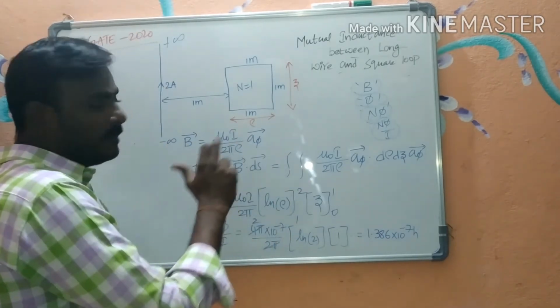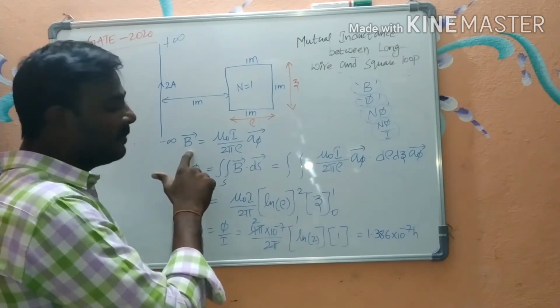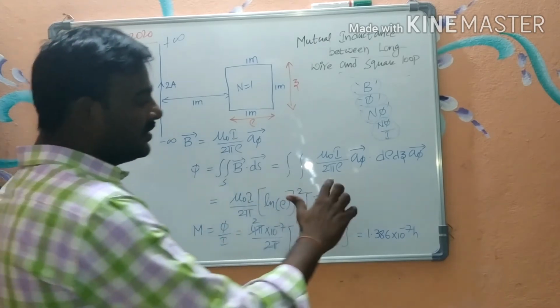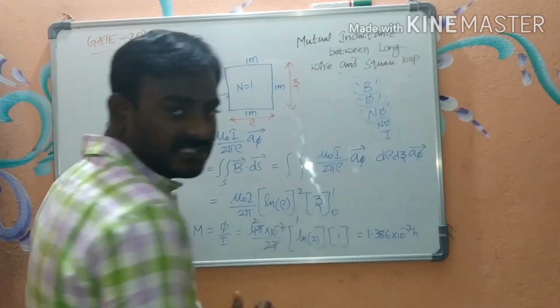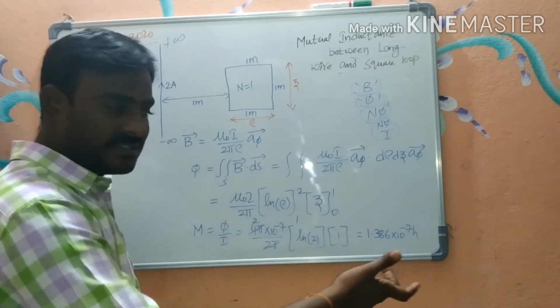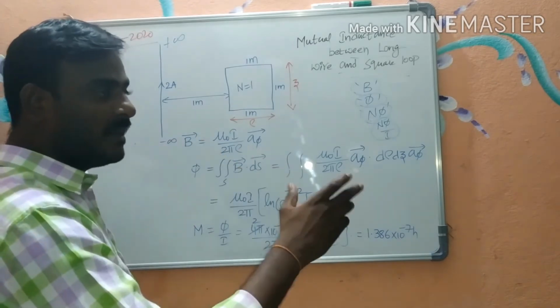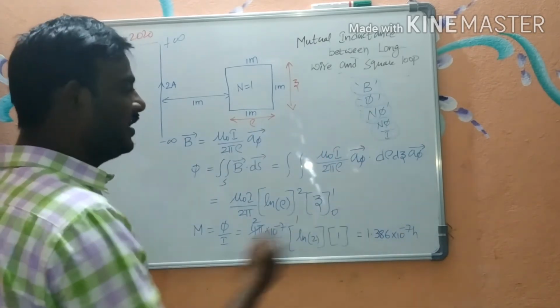As you know B, you can obtain the flux by taking the surface integral of B dot ds. As B is in the A phi direction, you need to consider a surface also in the phi direction, which must have two variations: the rho variation and the Z variation.